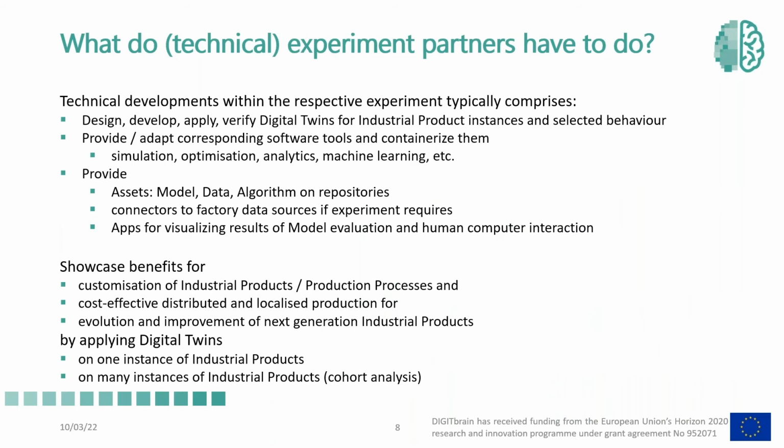So what do you have to do once you successfully proposed an experiment? Within the experiment, the major activities are the design development of the digital twin, to apply it to the industrial product instance or instances that you have selected, and to test and verify them.